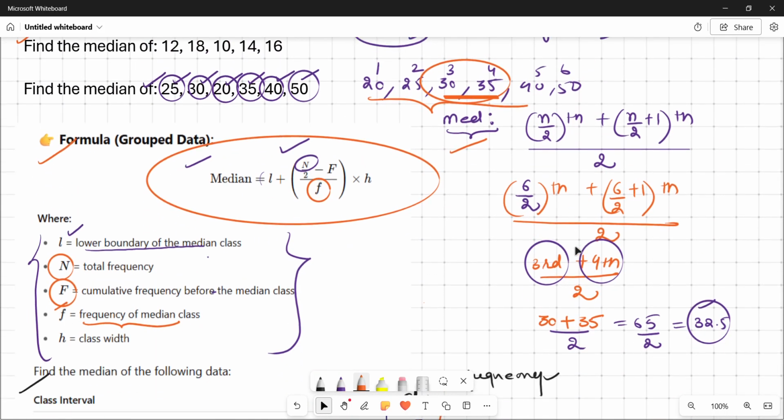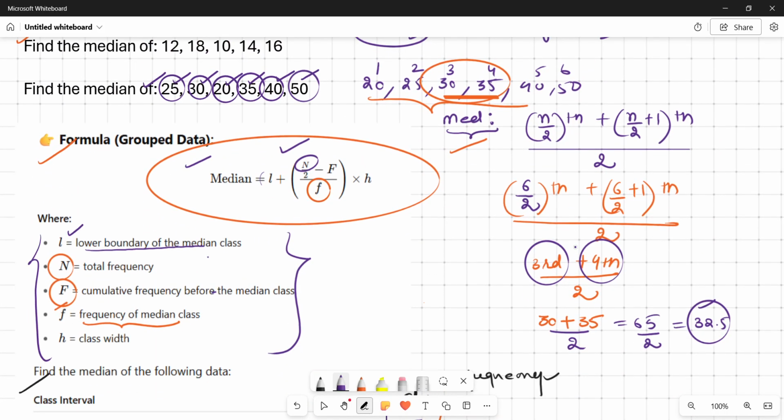summarize all this. The formula for median is: median is equal to L plus n by 2 minus CF, upon F, into H. L is the lower limit of the median class. The n means the total of frequencies, divided by 2, minus CF.